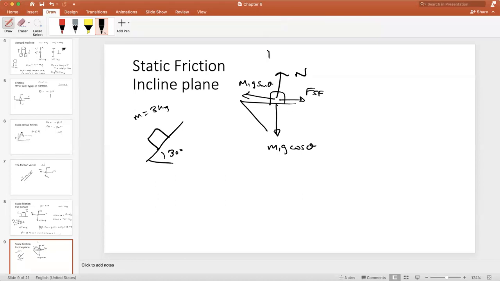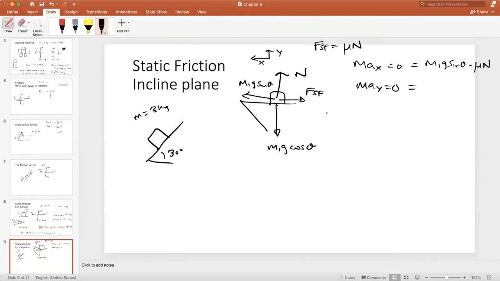And I'm going to say that X is positive that way and Y is positive up, but it doesn't matter really, because watch. We know that MAX and MAY are 0. And what we get for MAX, if we chose that way, we would get M1G sine theta minus mu n, because the force of static friction is, of course, mu n. It's negative because I chose that way.